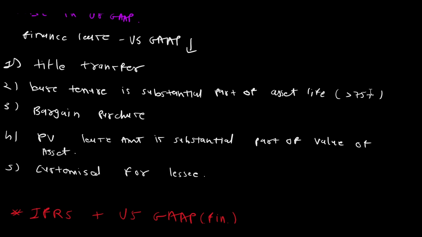There would be a bargain purchase. Then the PV of the lease amount is a substantial part of the value of the asset. And the fifth is that the asset is customized for the leasing. If so, then there would be a finance lease.